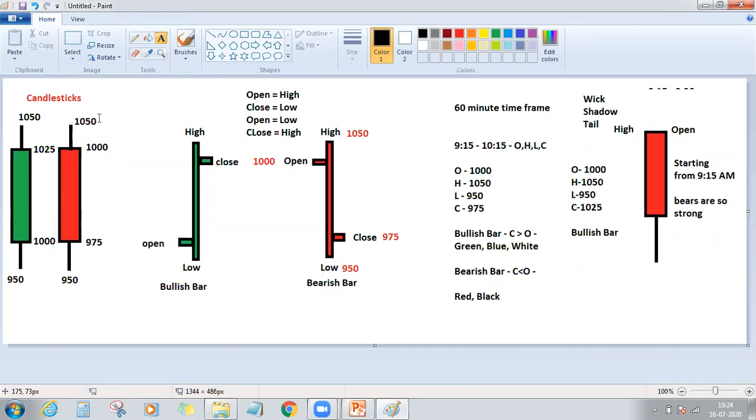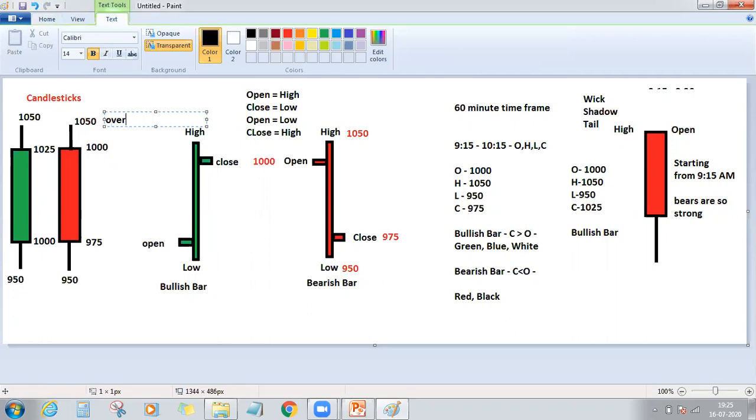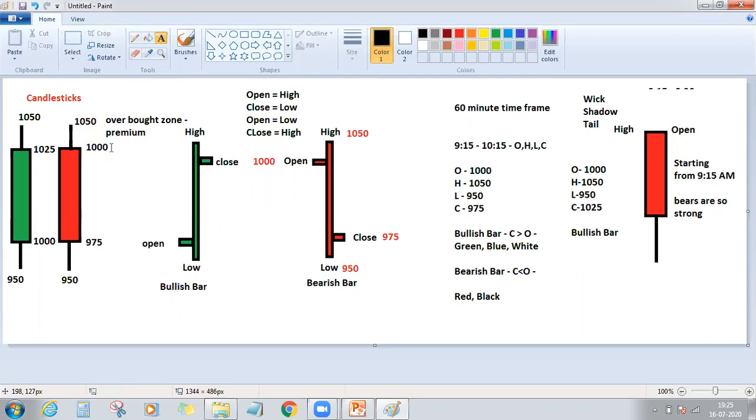Until then they did not show their strength or start their fight, because the sellers felt that instead of 1000 rupees, 1050 is the overbought zone, or they thought the stock is premium only at 1050, not 1000.